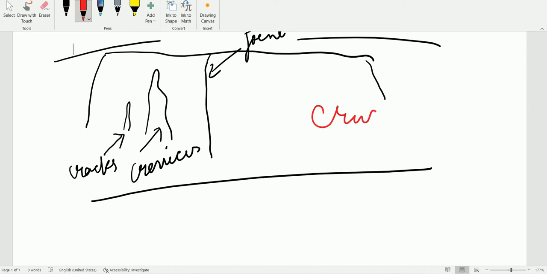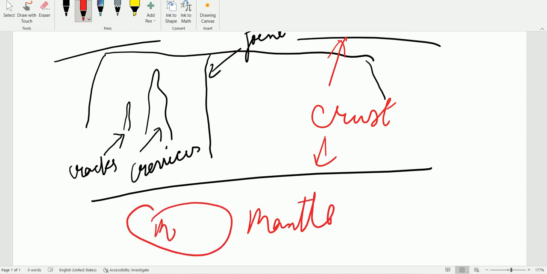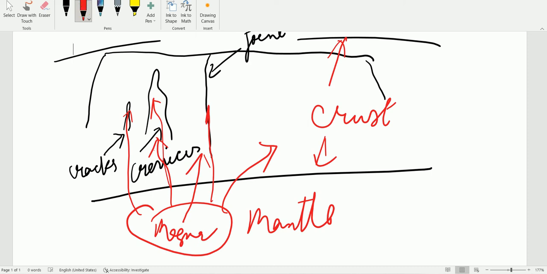And here we have mantle, and here in the mantle we have pools of magma, and when magma rises here in the crust, it may contain minerals in the molten form, and when the magma rises mixed with the molten minerals, it will enter the cracks here, crevices here, and sometimes joints, and it will be cooled down, and the minerals will be deposited here in the crevices, cracks, and the joints.